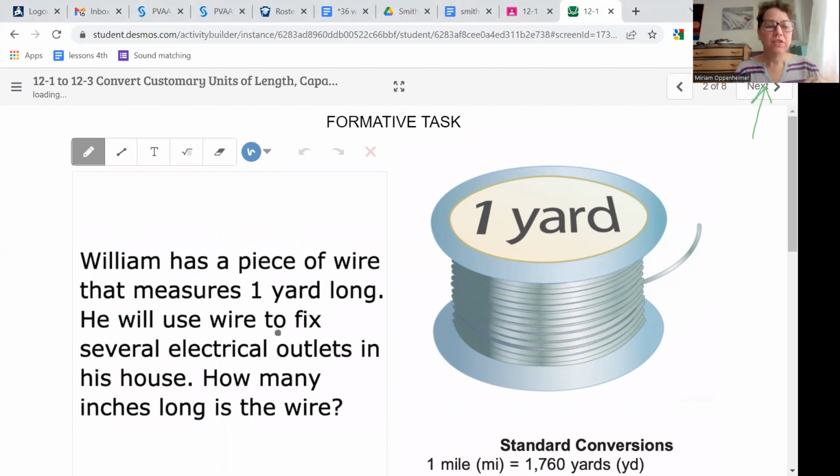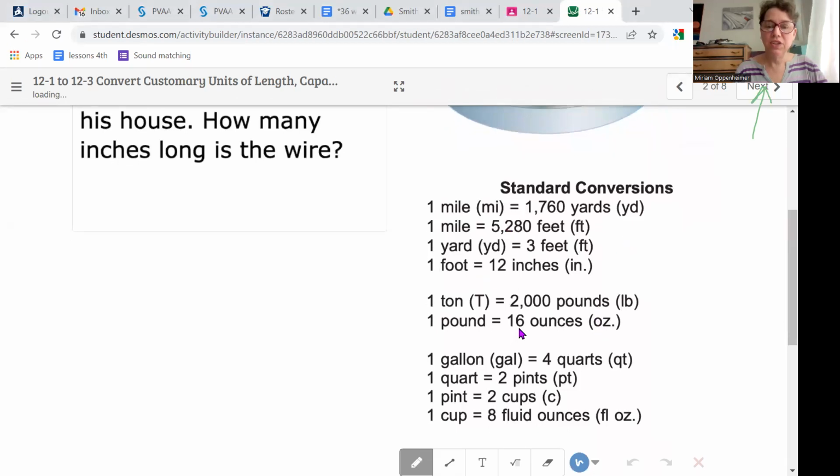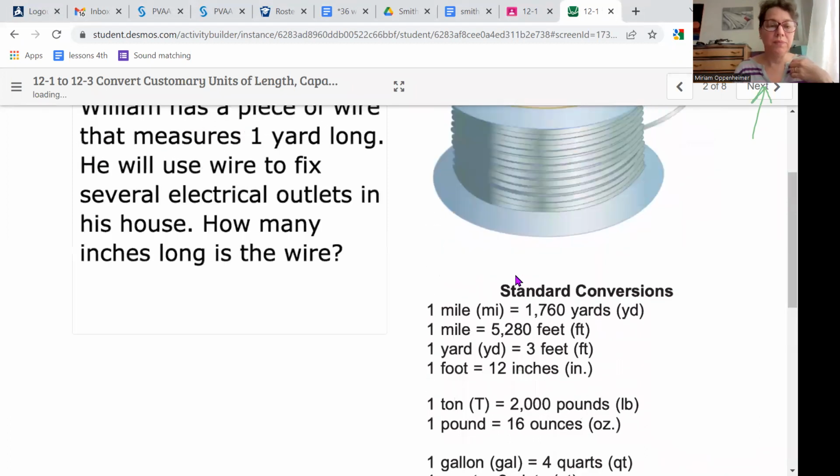He will use wire to fix several electrical outlets in his house. How many inches long is the wire? Now remember, 3 reads. First time you read it, you might be like, what? But it's time to read it again. So we got the idea about this wire, and we also see that we have these standard conversions that will be the same in every one of these pictures.